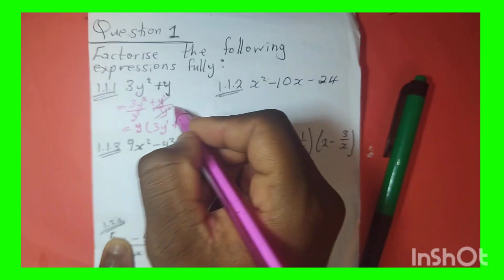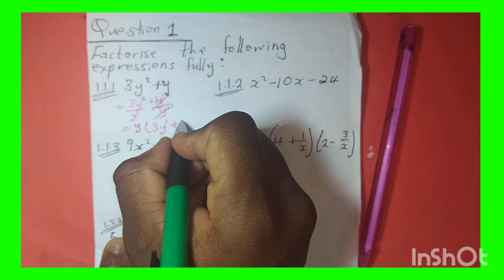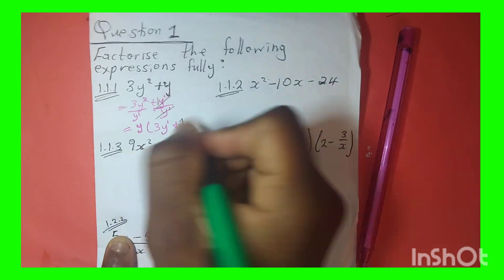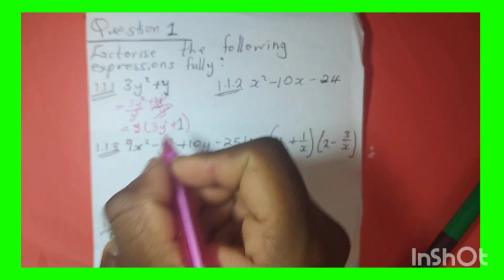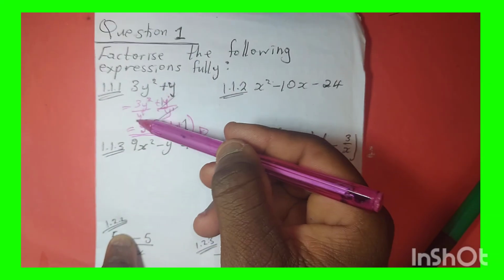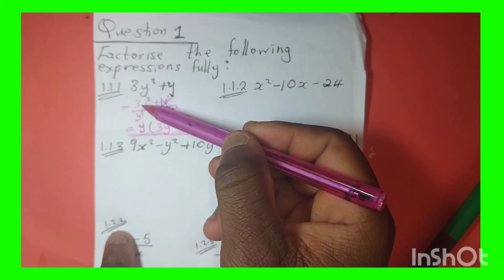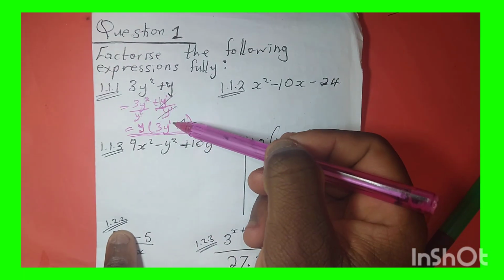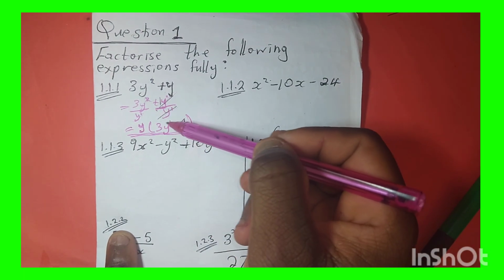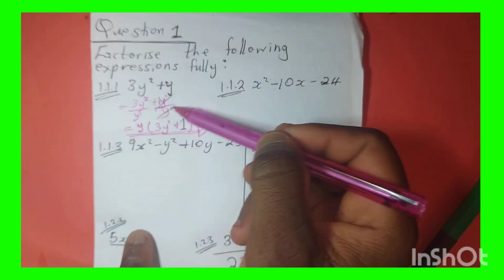And same thing, they cancel there, meaning here you'll be left with an invisible 1, then you can close the bracket. Just like that. And even here guys, if you get confused, you should know that when we divide the same base, we subtract the exponents, so that you'll get that one there. But same thing in maths, they cancel there.